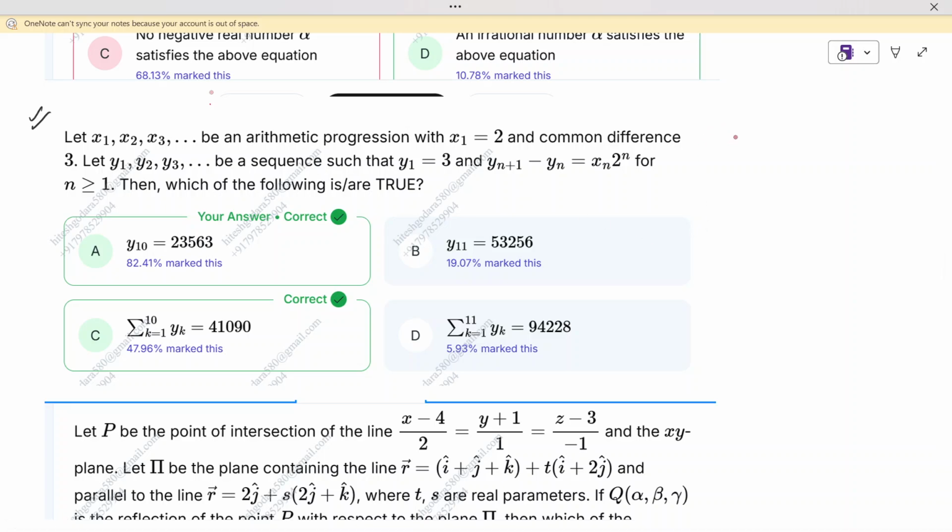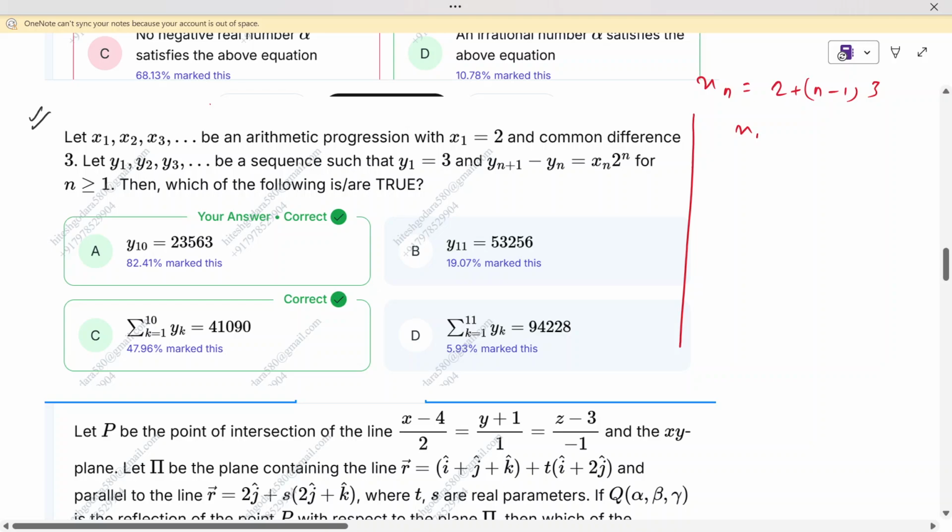And y2 is this one. What will xn be? xn will be 2 plus n minus 1 into 3, right? So xn will be 3n minus 1, fine? xn will be 3n minus 1.